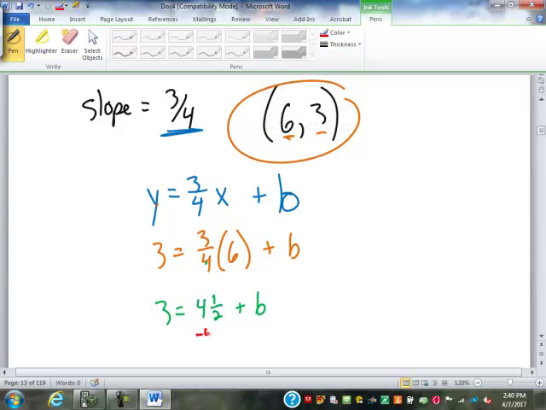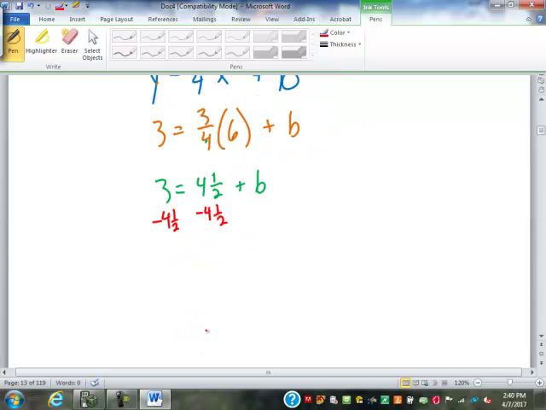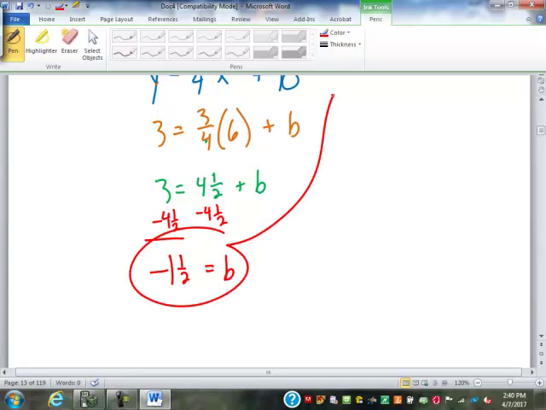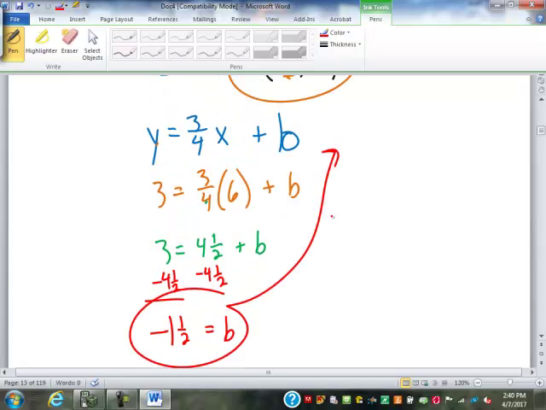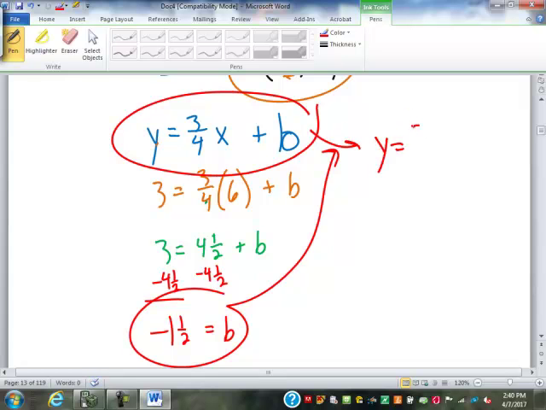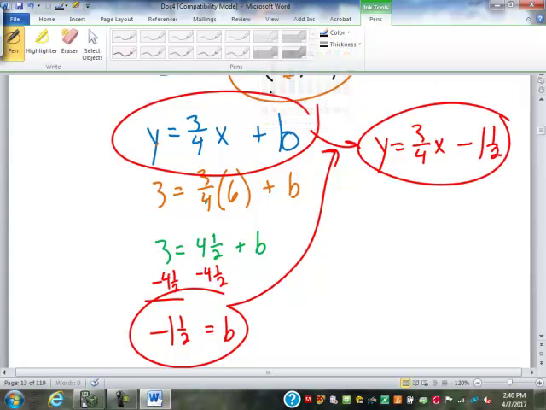We subtract the 4.5. 3 minus 4.5 is a negative 1.5 equals b. So what that tells us, one, that I did a very poor example, but it tells us that our original equation was y equals 3/4 x minus 1.5. Look familiar to everybody?